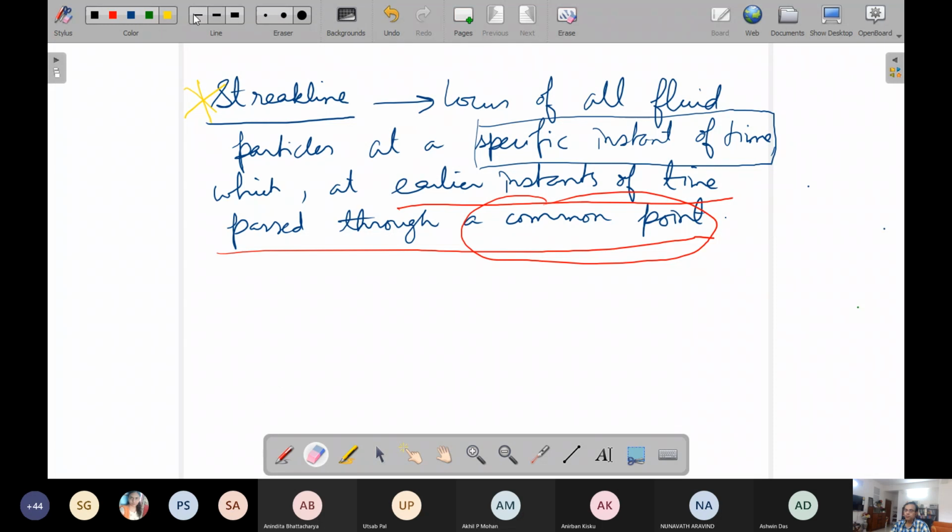So let me put up such an example. Let us say that you have a pipe and you want to visualize how the fluid is flowing in the pipe. Say the fluid is water. To visualize the flow, it is not a metallic pipe, but it is made of a transparent material.